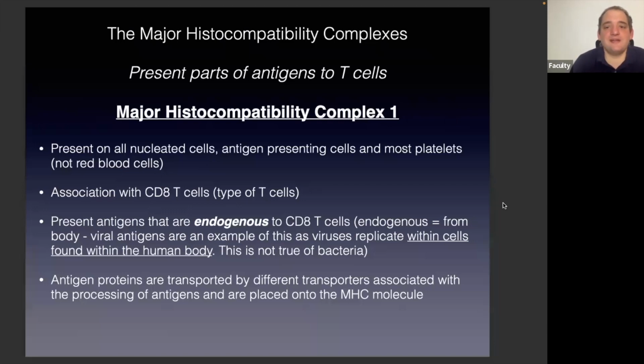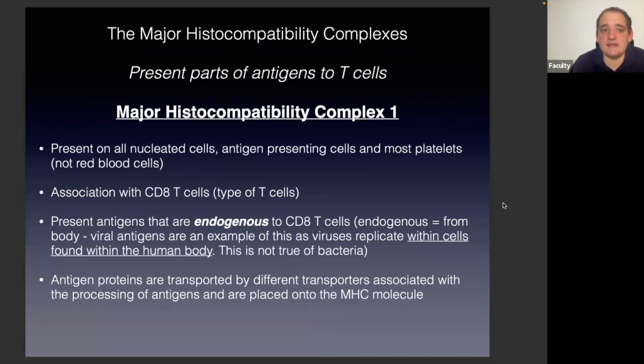So there's two MHC complexes that we're going to discuss. There's complex 1 and complex 2. Complex 1 and complex 2 are both involved in the presentation of antigens to T cells. But they work a little bit differently, and therefore present different types of molecules. So again, just like innate and adaptive immunity, these two slides are going to be all about comparing and contrasting.